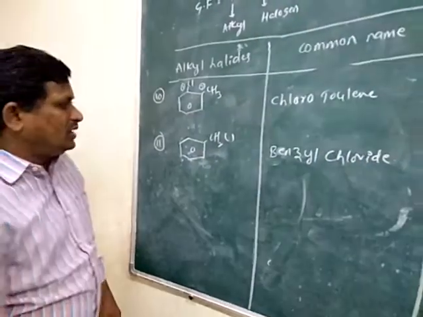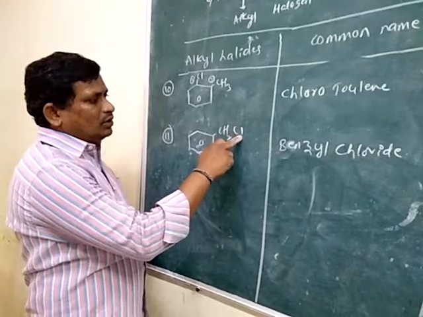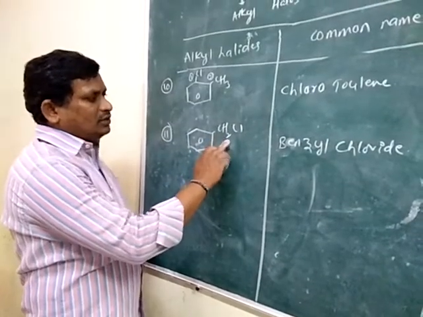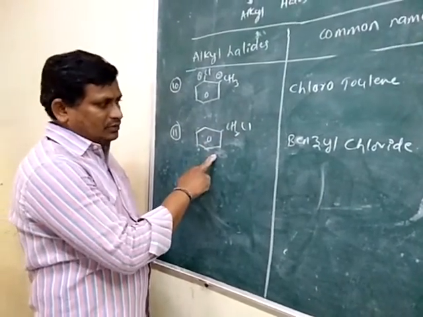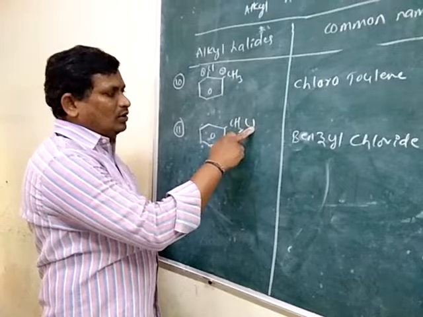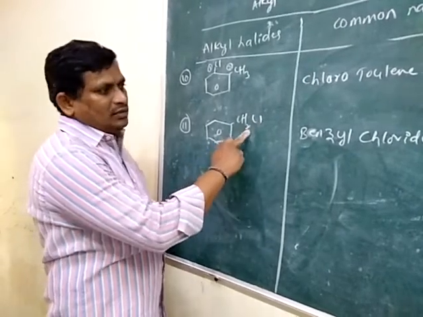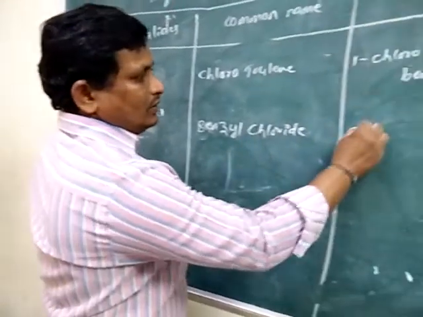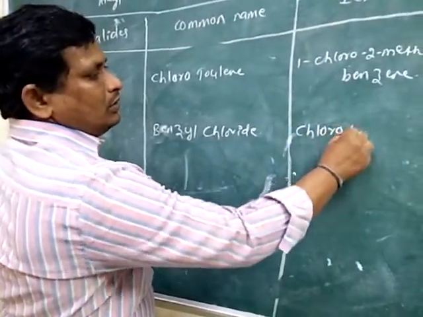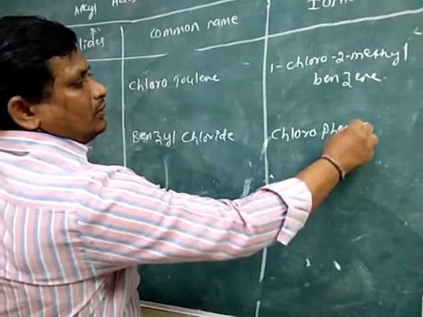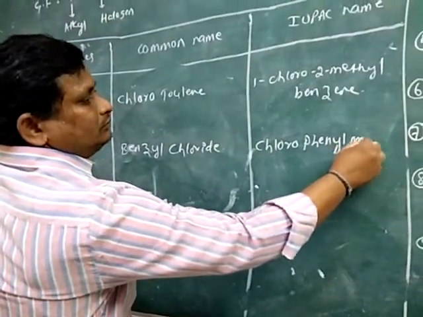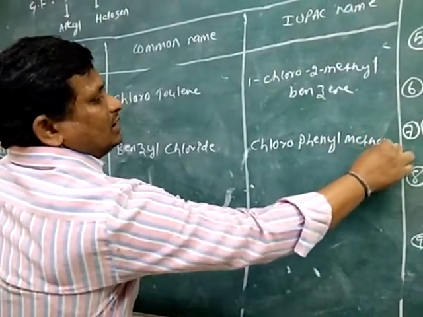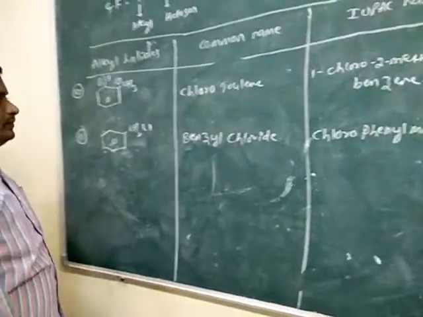The IUPAC name: it has chlorine, a methyl group and a phenyl group, so it is chlorophenylmethane. Chlorophenylmethane is the IUPAC name.